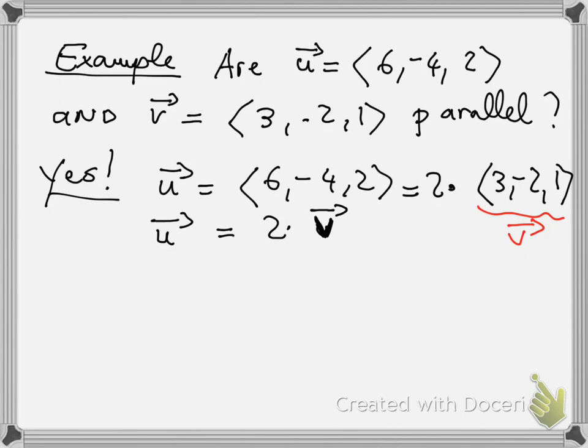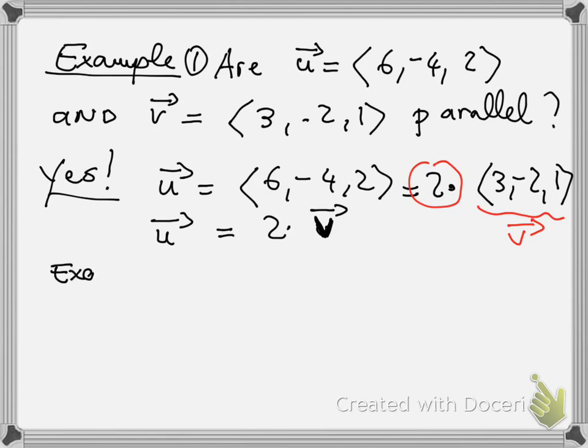So yes, they are parallel because u can be written as 2 times the vector v. Of course, here the number is an integer, but it could be a fraction or decimal. It could be any real number. So this is example 1.